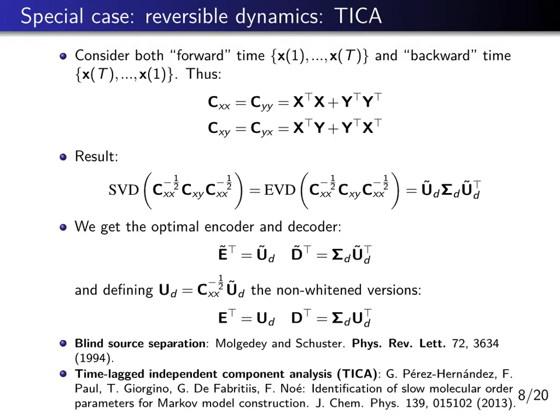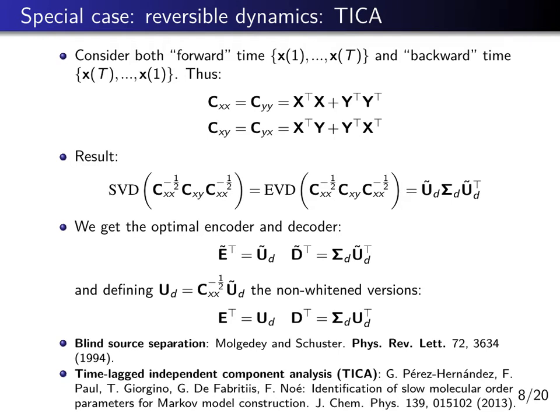And a linear method to approximately solve this problem has been proposed by Molgedey and Schuster in Physical Review Letters in 1994, and those are exactly the equations shown above.